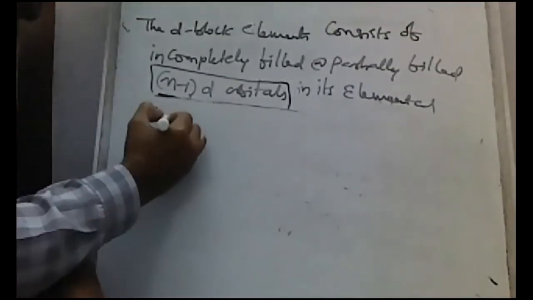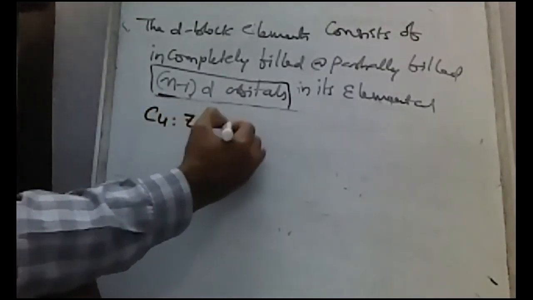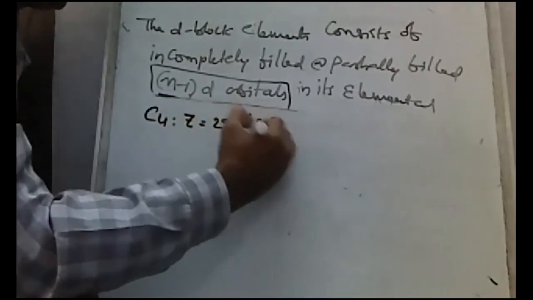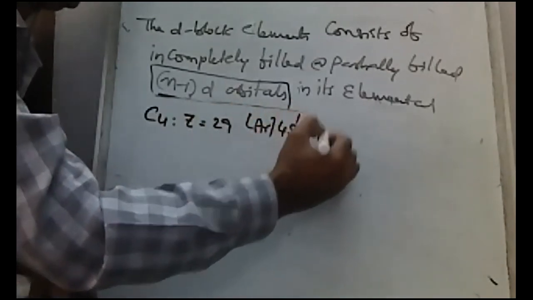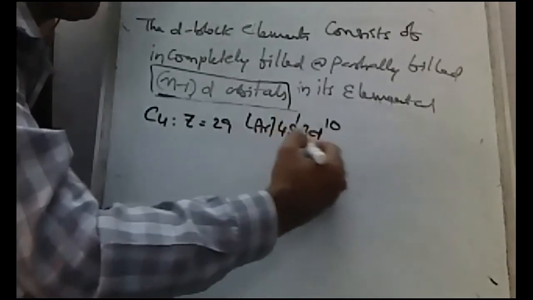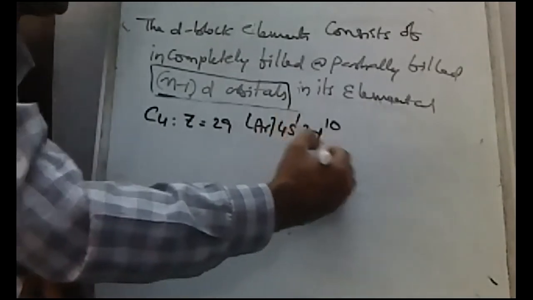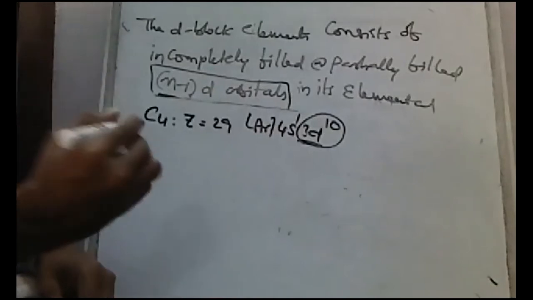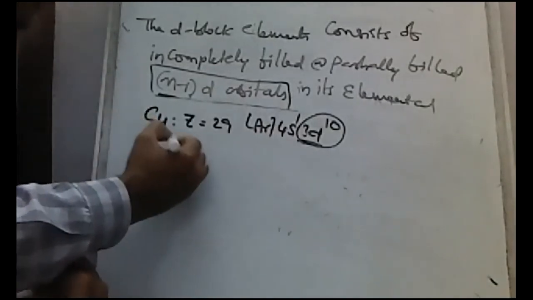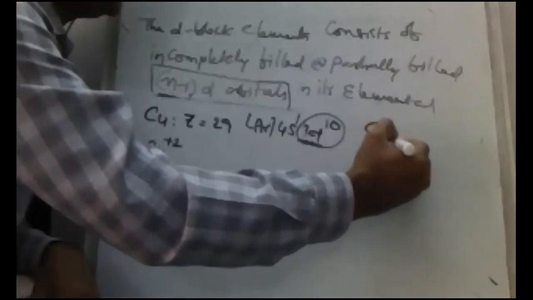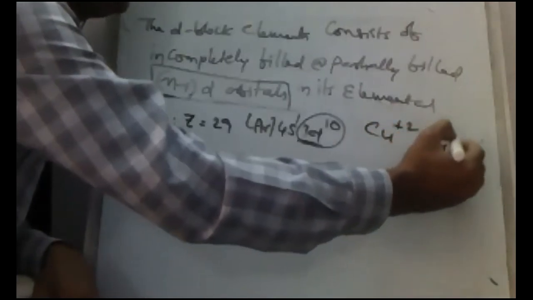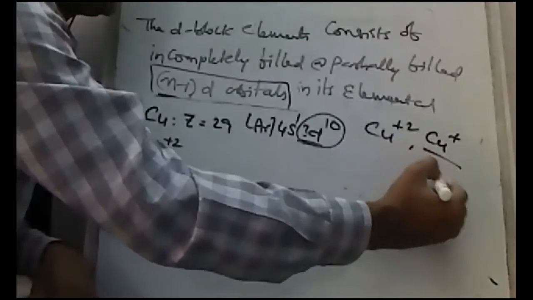Let me take one more example, copper. Its atomic number is 29. Its electronic configuration is 4s1 3d10. You see, it has completely filled n minus 1 d orbitals in its elemental form. Copper forms two ions, cuprous and cupric.